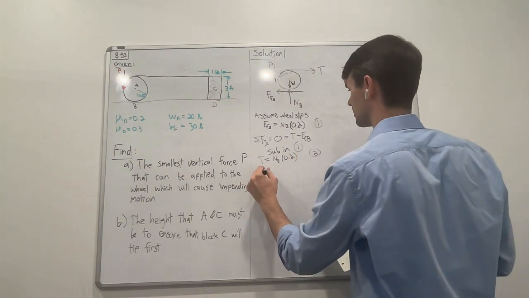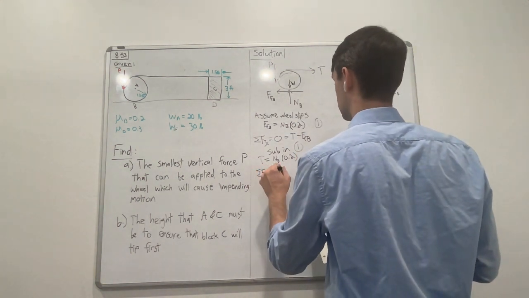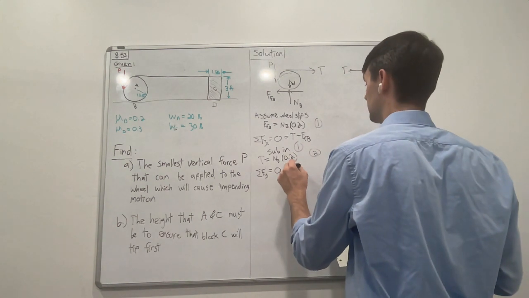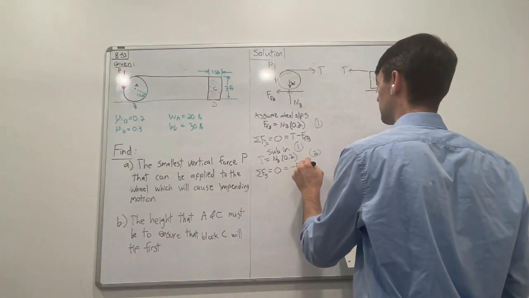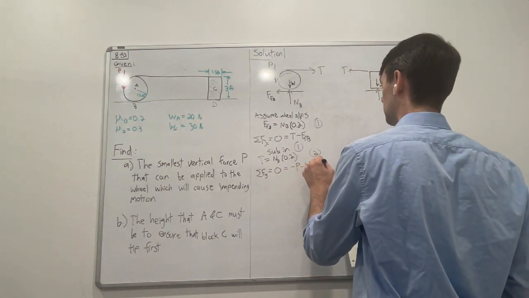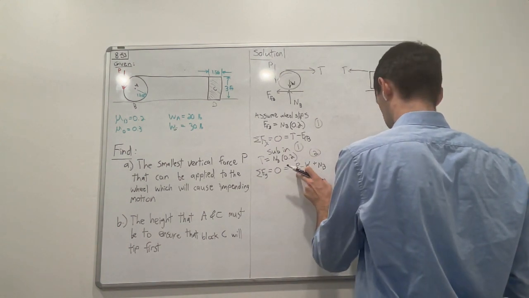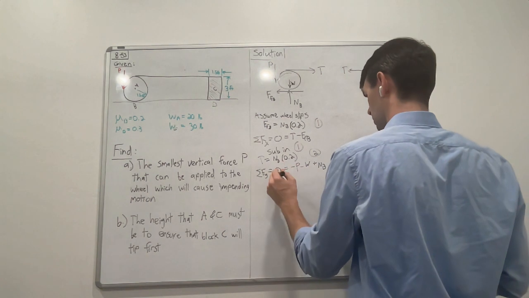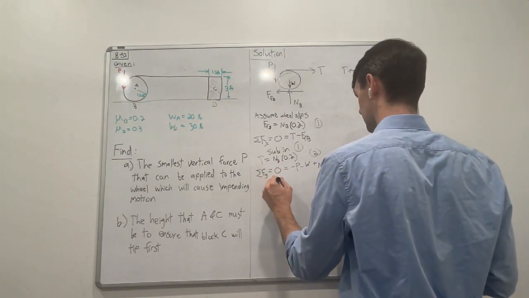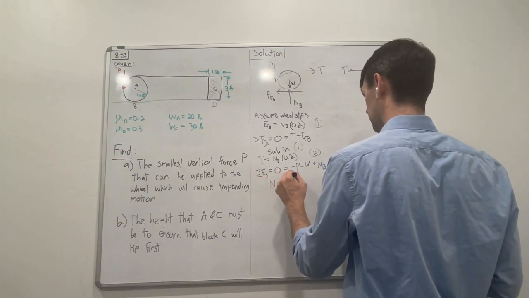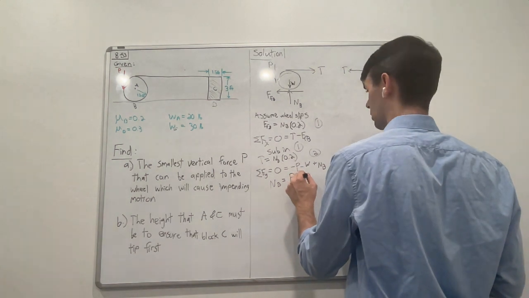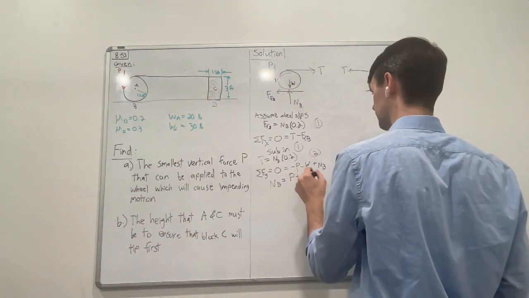Now let's look at my sum of forces in Y. I'm going to have a minus P, a minus W, and a plus NB. So I can rearrange that and say that NB equals P plus 20, because that is the weight of the disc.